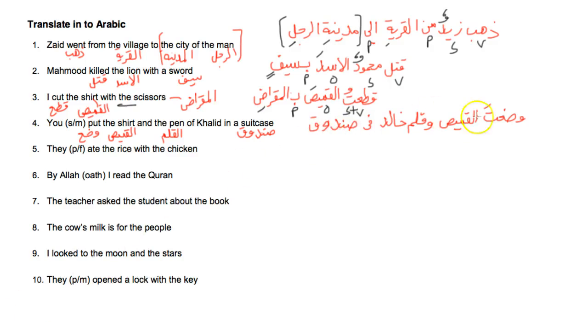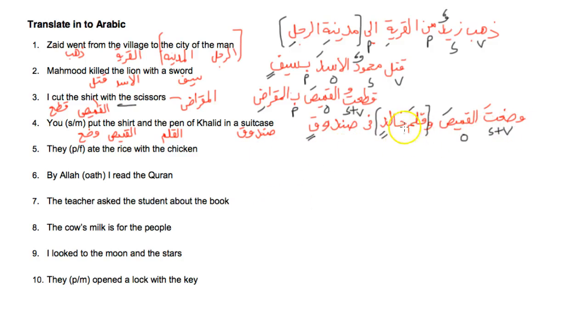Okay, so this is a verb plus the subject, this is the object, qamisa, wa qalama Khalidin, of rule, fi sanduqin. Okay, that's basically how you do it.